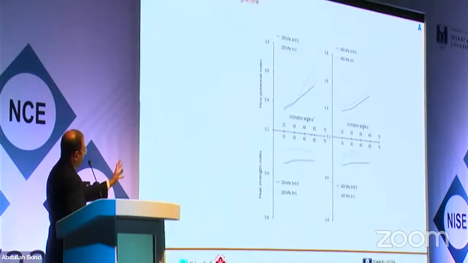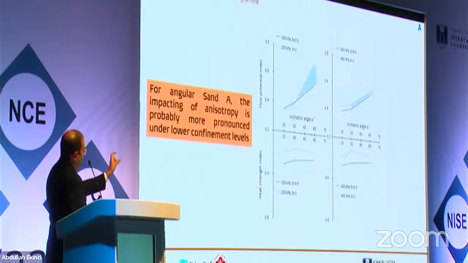Then I brought this data into this simpler diagram. The flow potential index on top is plotted against the principal stress inclination angle. On the left-hand side, 200 kPa P dash, and on the right-hand side, 400 kPa. And we've got this little gap between the trend line of B 1 intermediate stress ratio and B 0.5.